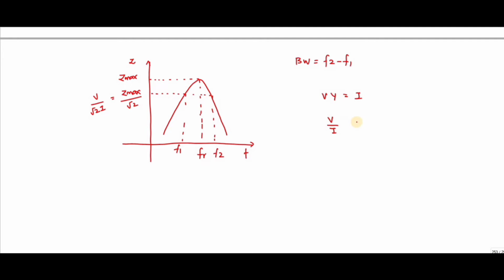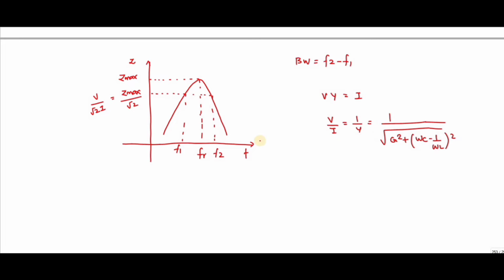So from this I can write V by I is equal to 1 divided by Y. That is equal to 1 divided by root of G square plus omega C minus 1 divided by omega L the whole square.